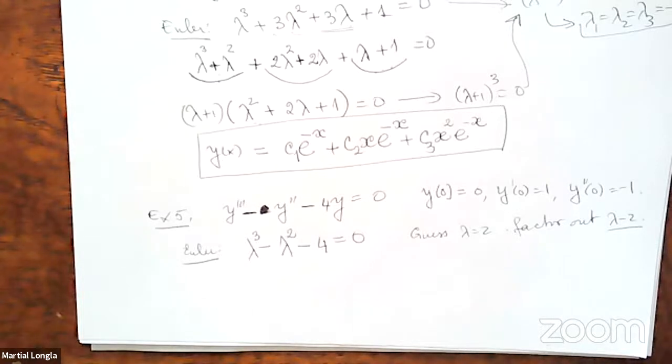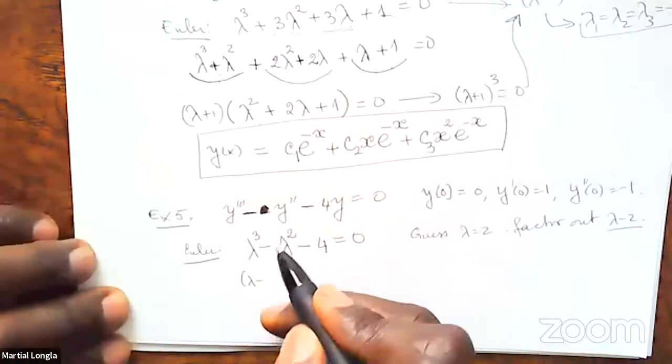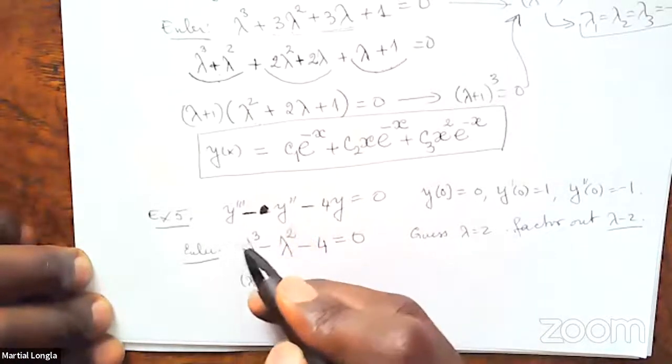So do we have someone who successfully factored it out? I got lambda minus 2. You can show step by step how you group them here.